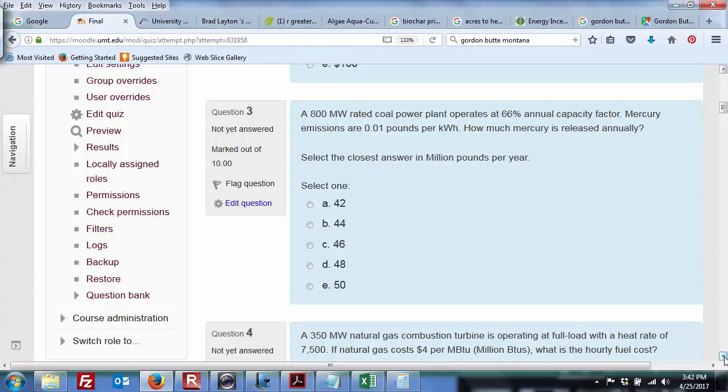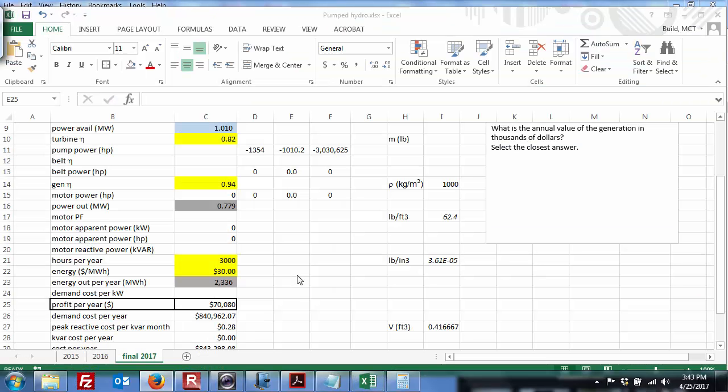Come on. You can't emit 1,000,000 pounds of mercury. Sorry to get distracted. 800 megawatts. Let's do it, though. Wouldn't that be 800 divided by 1,000?